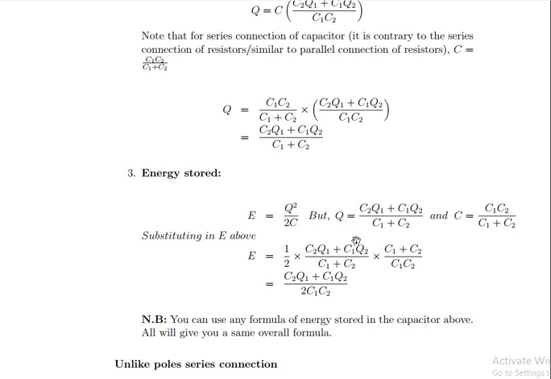The squared has been forgotten, please. So it's going to be the Q all squared times 1 all over the C, which is C1 plus C2 all over C1 C2. So when you do that multiplication, you are going to have the C1 and C2 here. This formula is not actually correct because there should be a squared here.